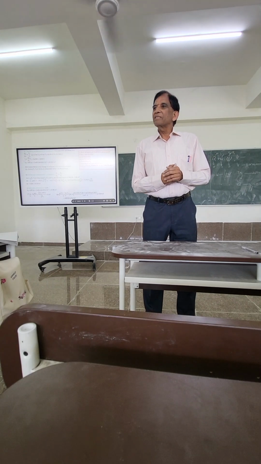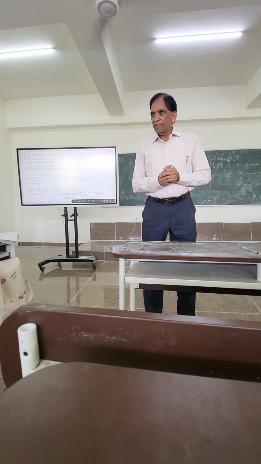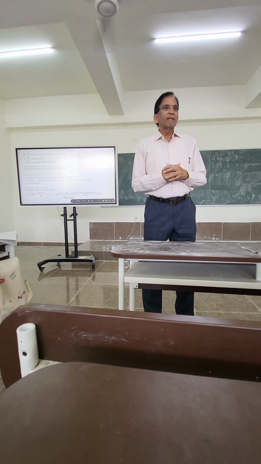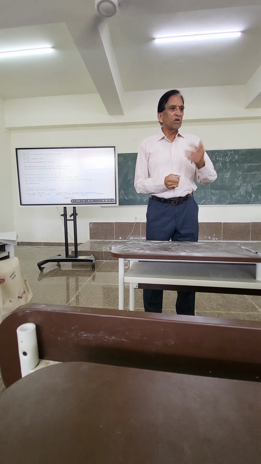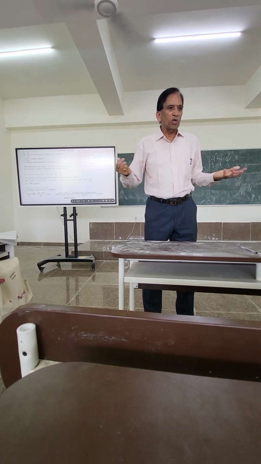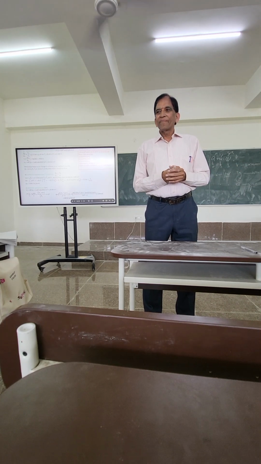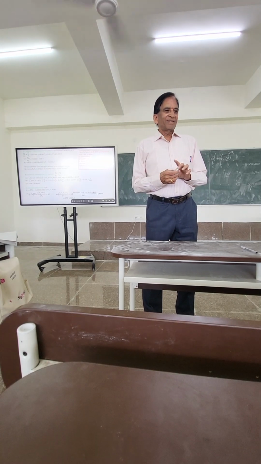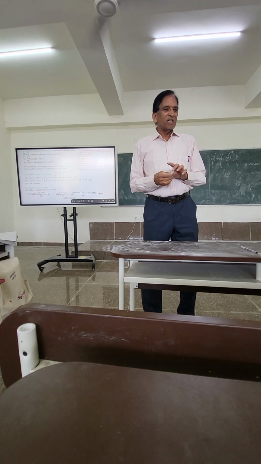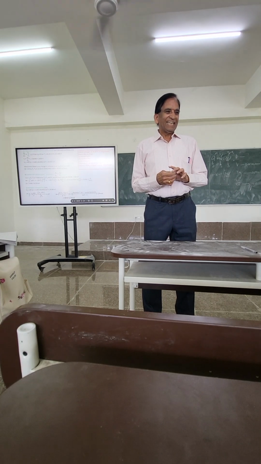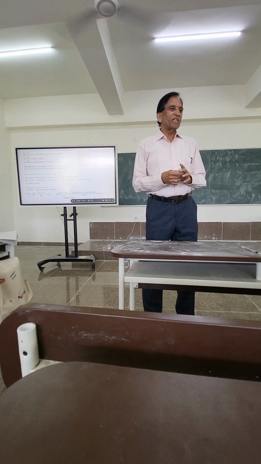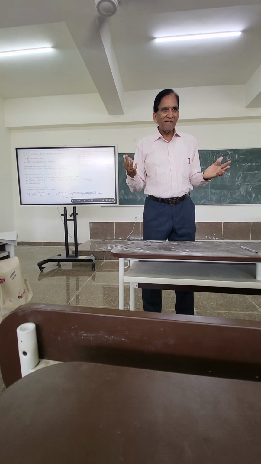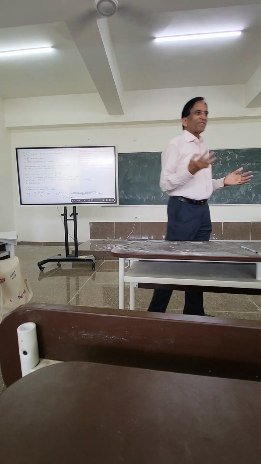CV plus R should be equal to CP. Come on, guys, calculate. 3 by 2 RU plus RU is equal to how much? You don't need a calculator for that, my friend. 3 by 2 plus 1 is 5 by 2. So 5 by 2 RU is nothing but CP.